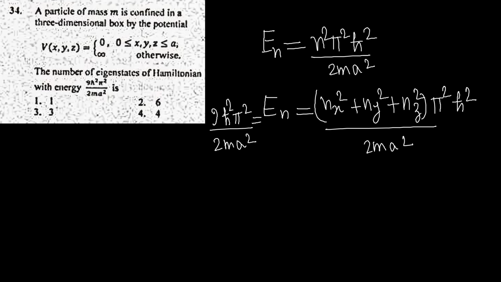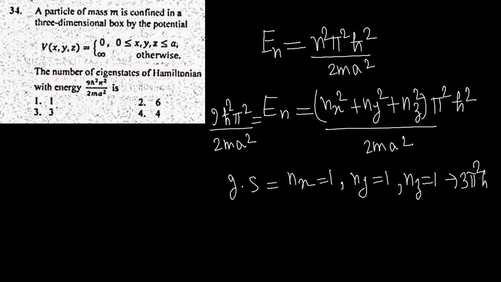For the infinite potential box, n starts from 1. So the ground state will be nx equal to 1, ny equal to 1, nz equal to 1, and the energy will be 3 pi square h cross square upon 2ma square.